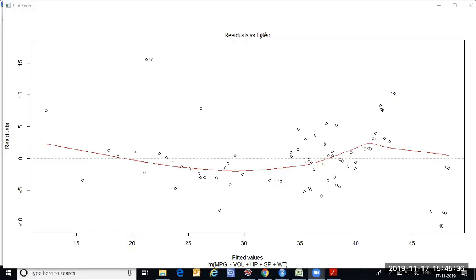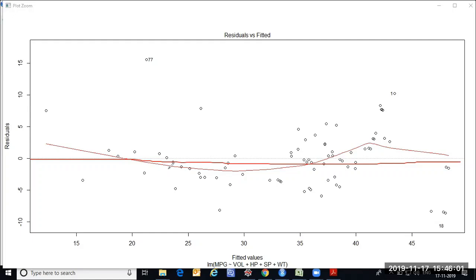Residuals, we are talking about the mean. The mean of the residuals is nothing but 0, right? We draw a line which is exactly at 0, which is the mean. All these data points should fall very closely towards the 0, very tightly.